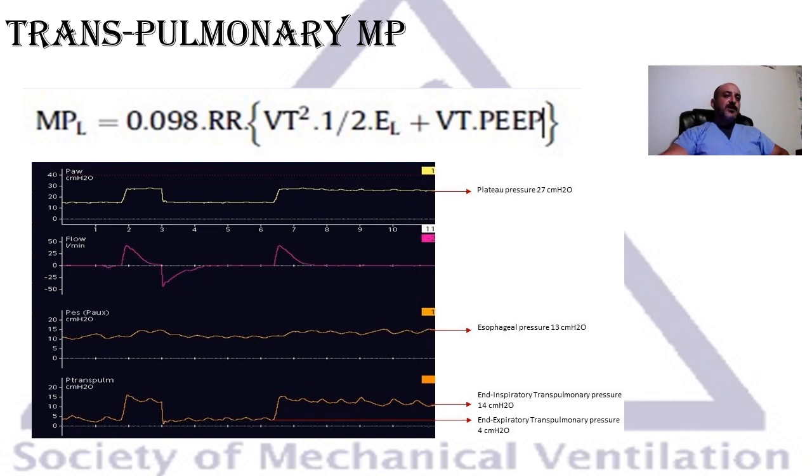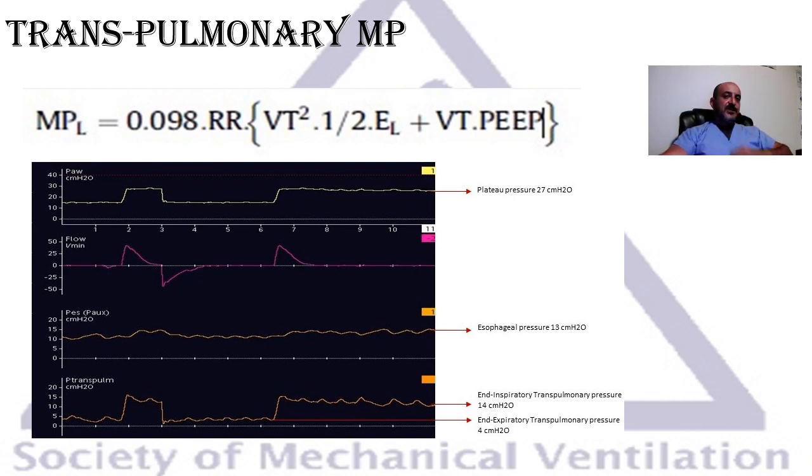So instead of the calculation for the regular mechanical power, which was 0.098 times respiratory rate times tidal volume squared multiplied by half the whole respiratory elastance, plus the pressure term times tidal volume, to calculate the transpulmonary mechanical power we use the elastance of the lung instead of the elastance of the whole respiratory system.